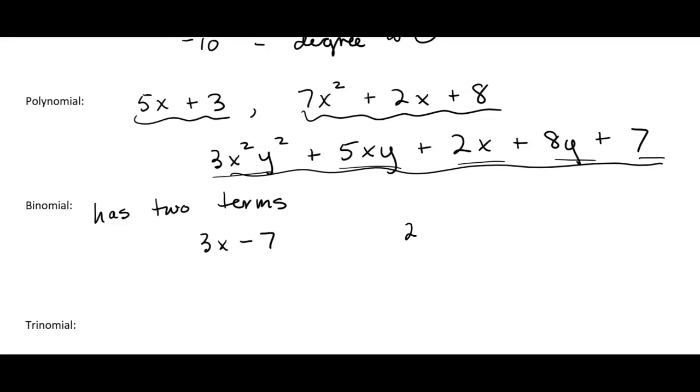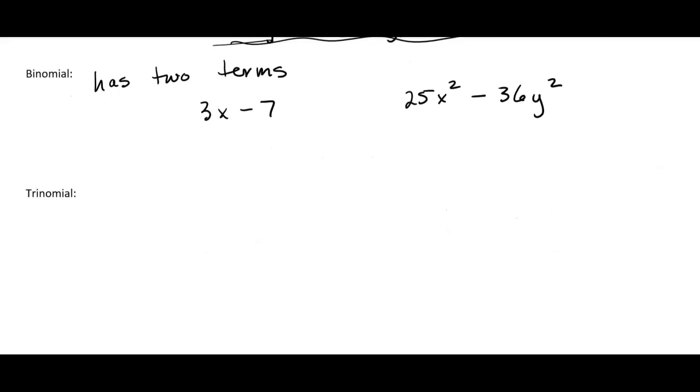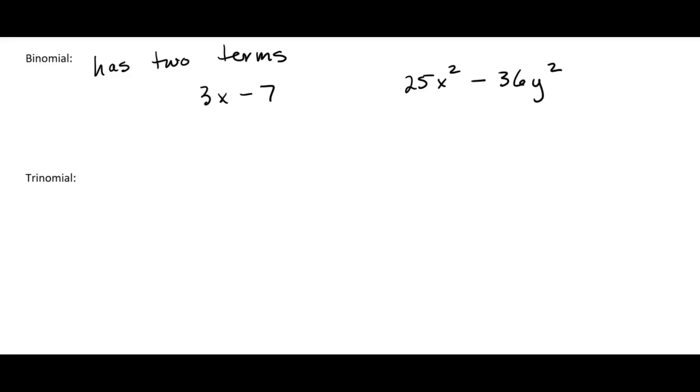You could have 25x squared minus 36y squared. That would be considered a binomial because it only has 2 terms. So you'll never guess what a trinomial is. A trinomial has 3 terms. Again, they are all polynomials. Binomials are polynomials, trinomials are polynomials, monomials are polynomials.